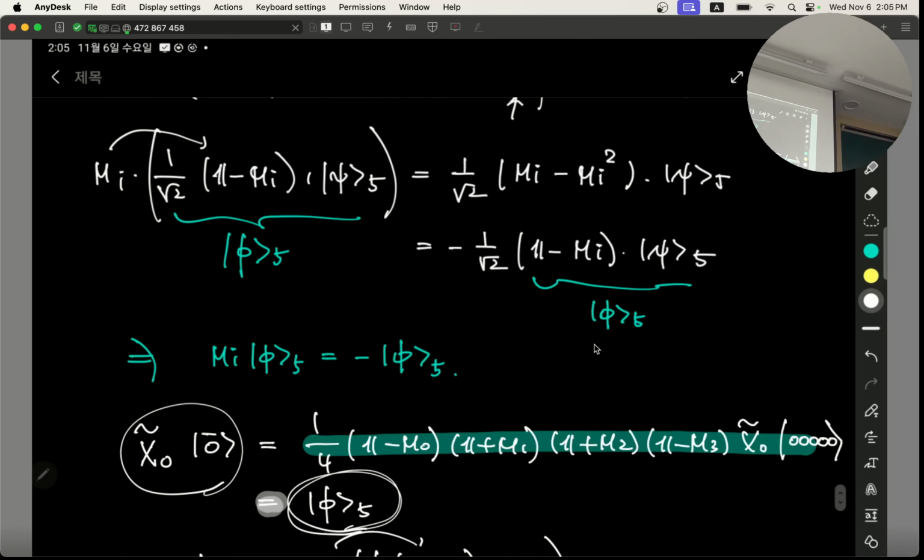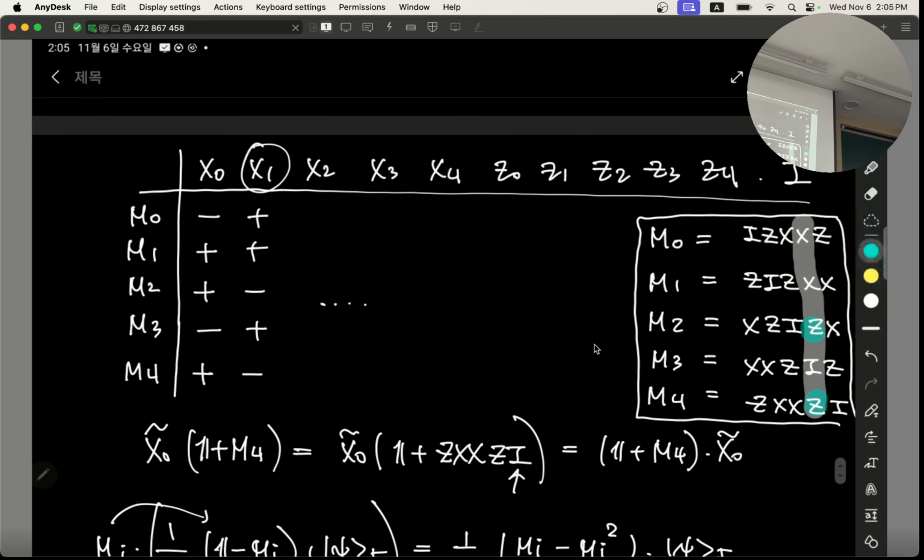So what this table says is whether the quantum state is changing to a different eigenvector with a different eigenvalue. So it changes the eigenvector on m0 and m3 in this case. What if x1 occurred? What if an x error occurred at qubit 1? Then after the occurrence of this error, the quantum state becomes an eigenstate of M2 and M4 with eigenvalue minus 1 for these two cases.